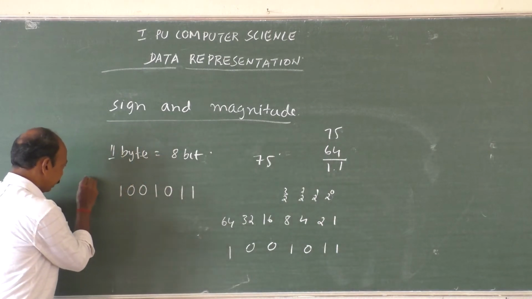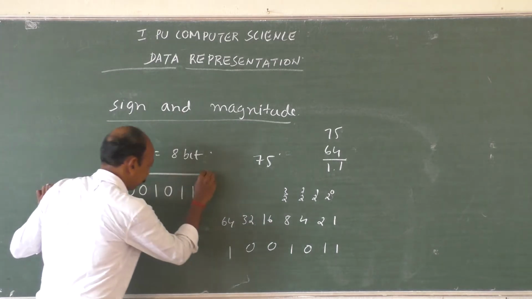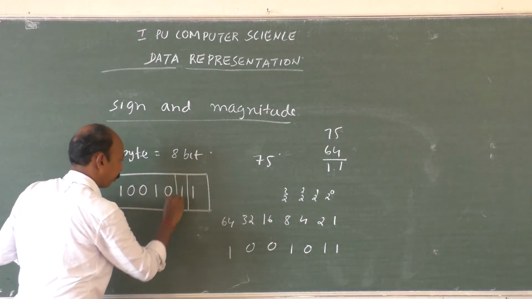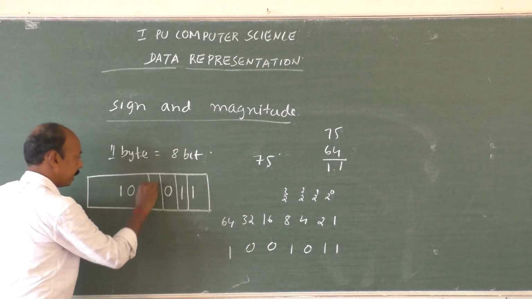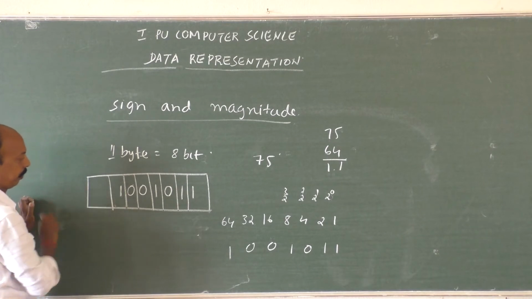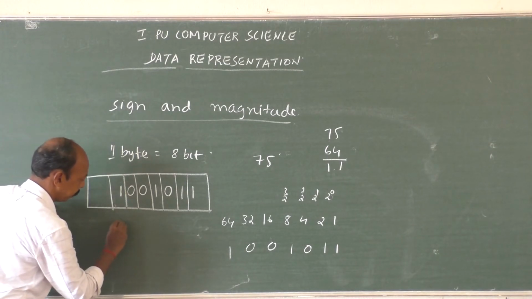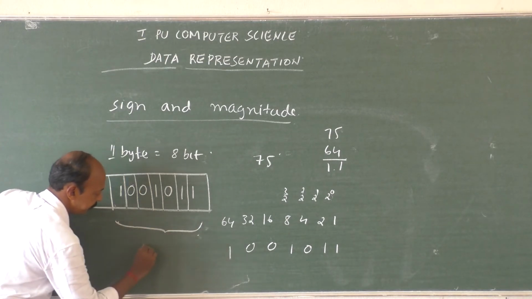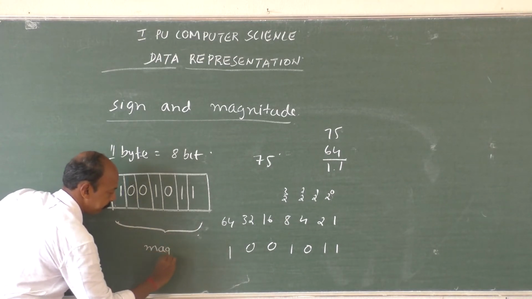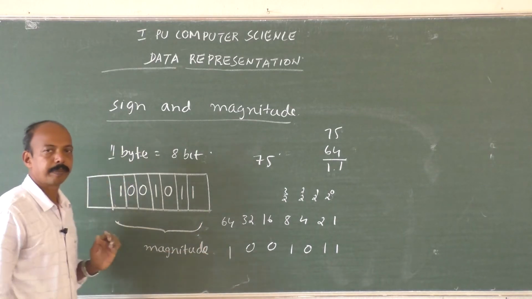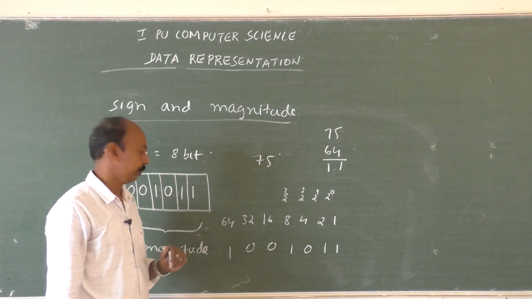If you consider this as 1 byte, these are all boxes representing the magnitude. So from here to here, this is called magnitude.